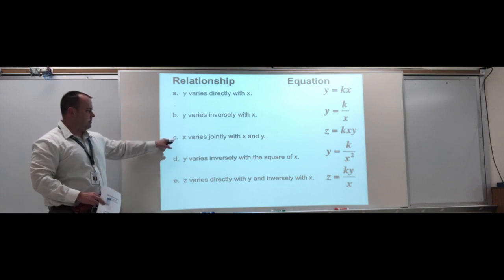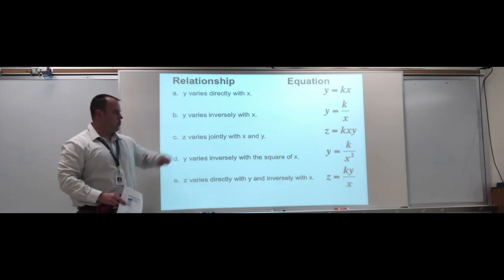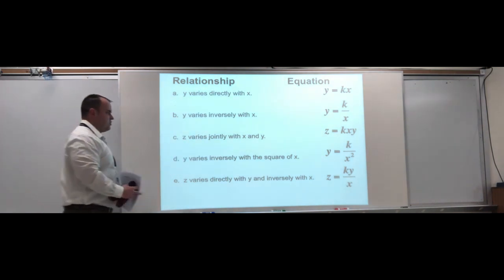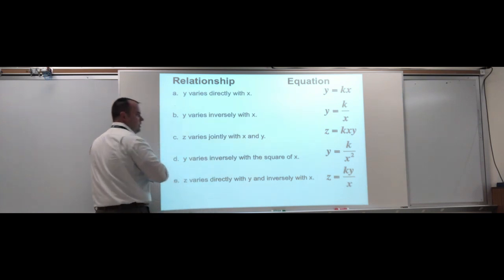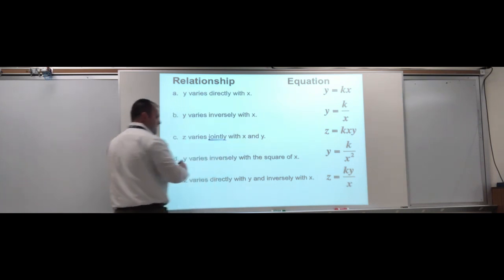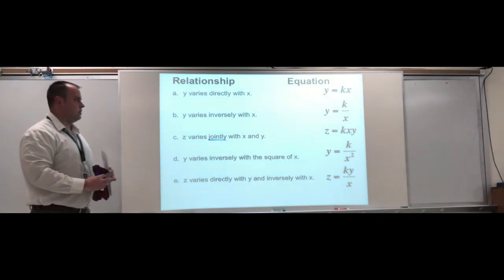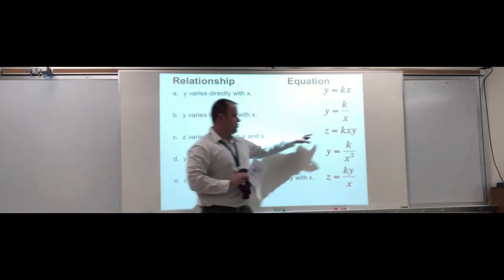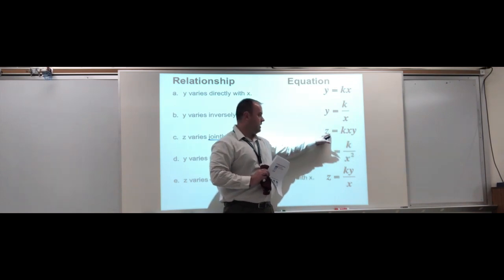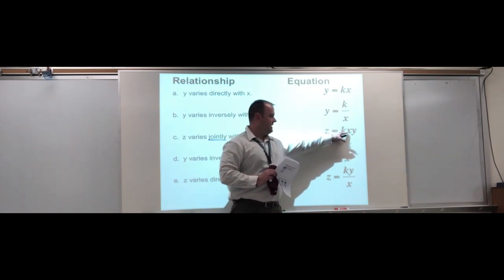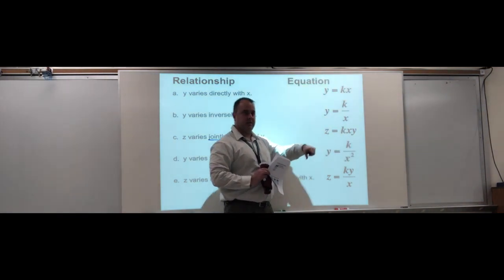For C, Z varies jointly with X and Y. That jointly is another way of saying we're going to multiply these variables. Z's by itself, and it's X times Y times the constant of variation.